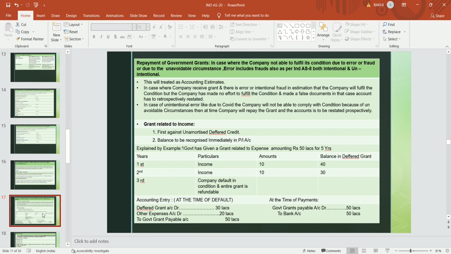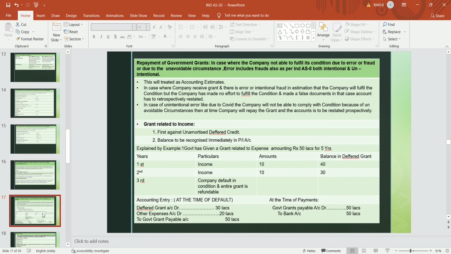And in case of an unintentional error, like due to COVID, where the company is not able to fulfill the condition because of unavoidable circumstances, the company will repay the grant and the accounts are restated prospectively. Prospectively means restating for the upcoming periods, and retrospectively means restating the financials from the past.